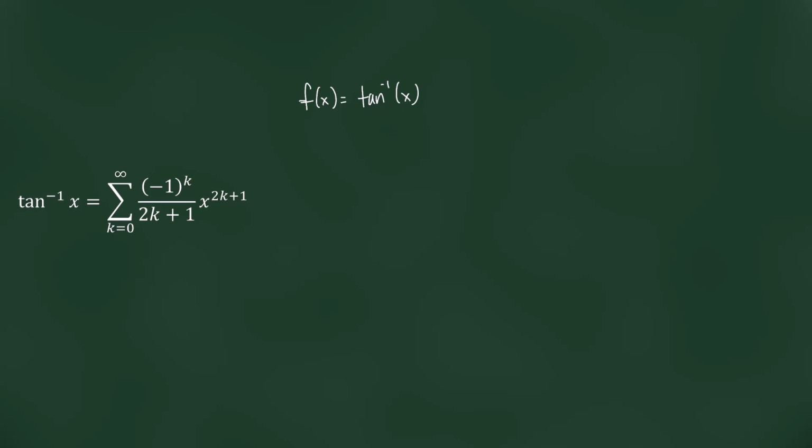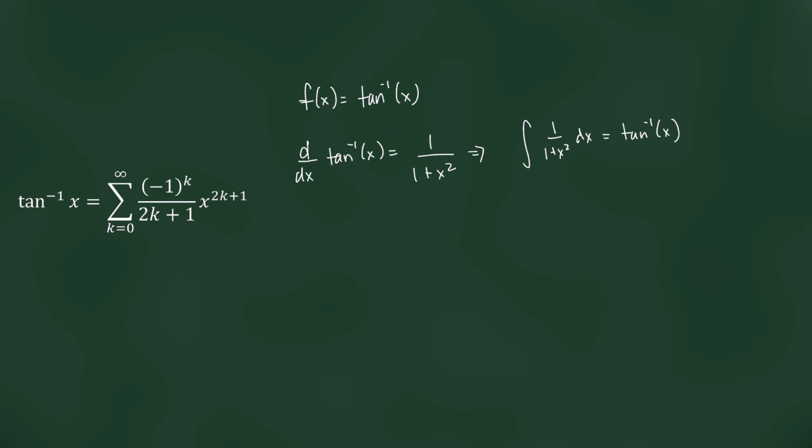We're going to notice that the derivative of this function is 1 over 1 plus x squared, which actually means then that the antiderivative of 1 over 1 plus x squared dx is equal to the inverse tangent of x.